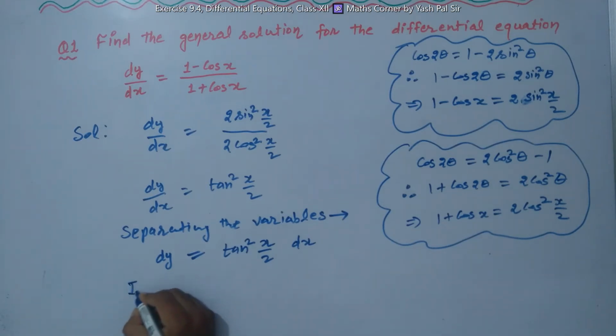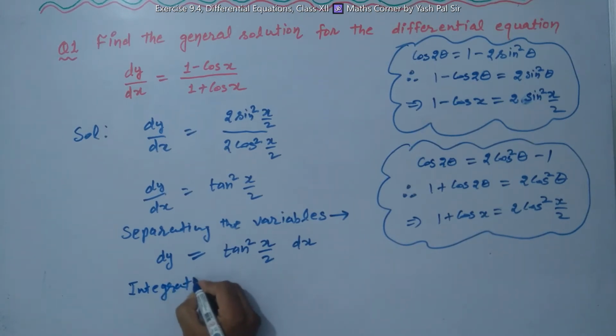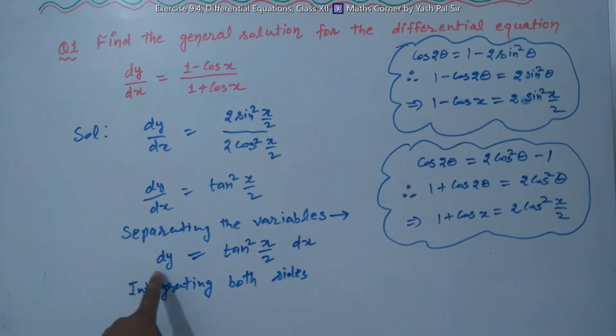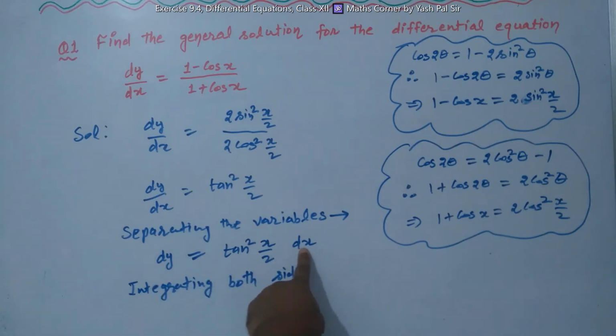So we write here integrating both sides. Left side we integrate with respect to y, right side we integrate with respect to x. So this way we have integration of dy is equal to integration of tangent square of x upon 2 dx.